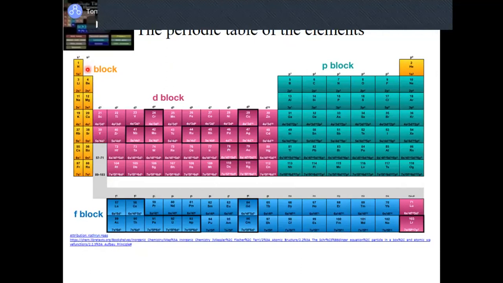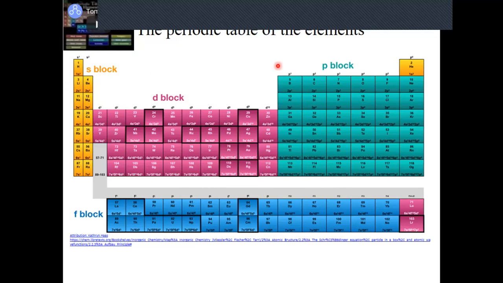So with the help of the quantum mechanical model, we can explain why we actually have 18 groups in the periodic table. But we can also explain why we have overall 7 periods. Whenever we start a new period, we start filling a new shell with electrons.